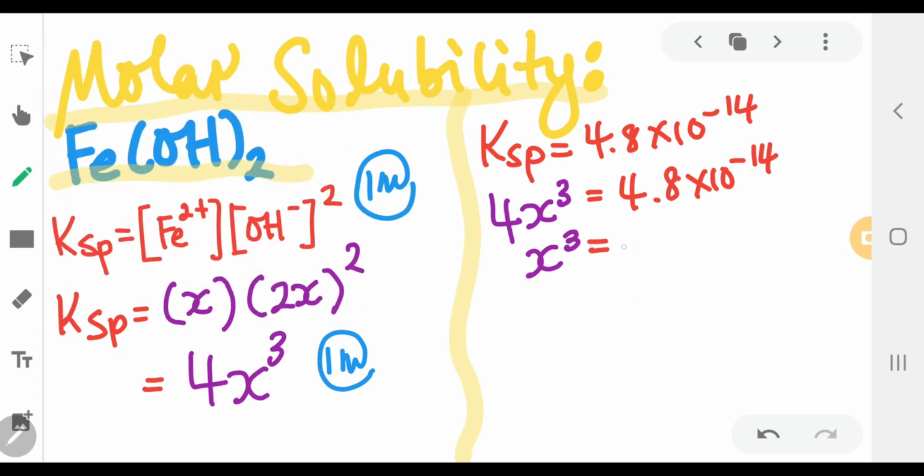This one you should be getting about 1.2 times 10 to the power of negative 14. This is when I move forward to the other side.